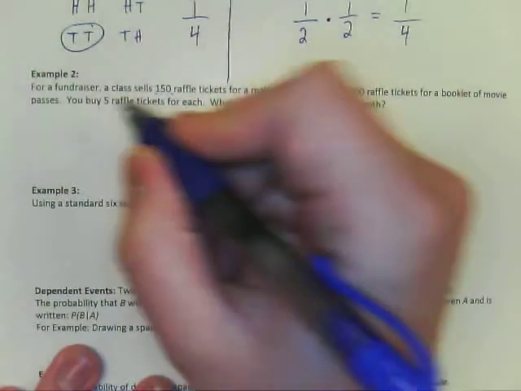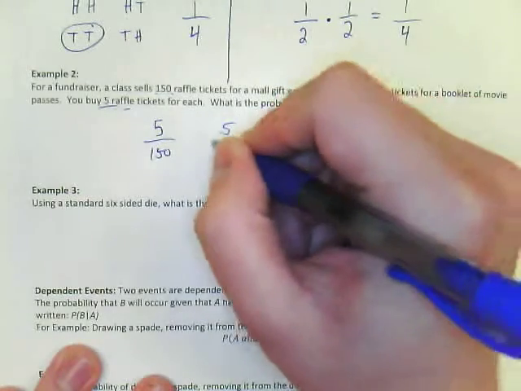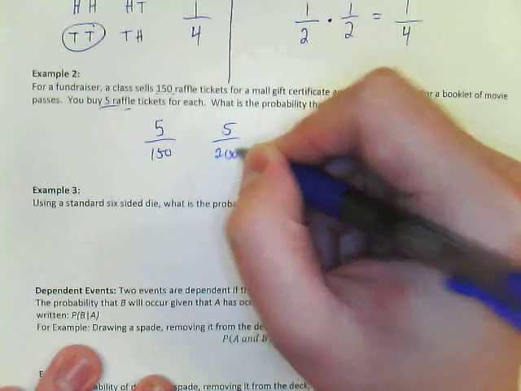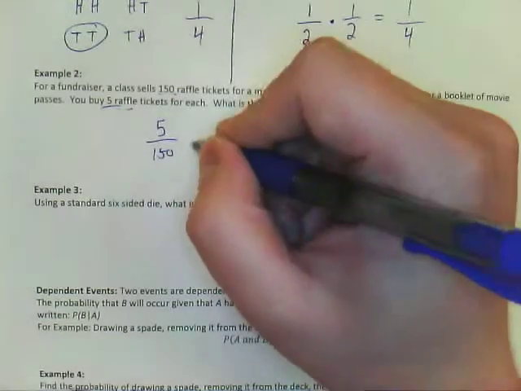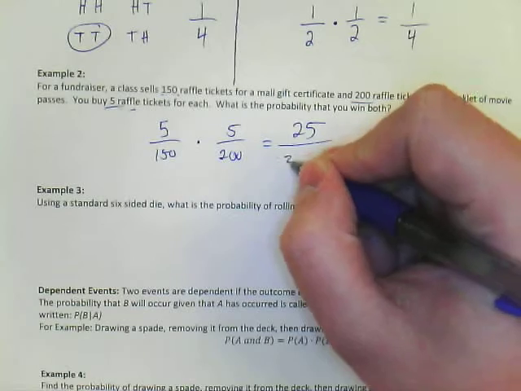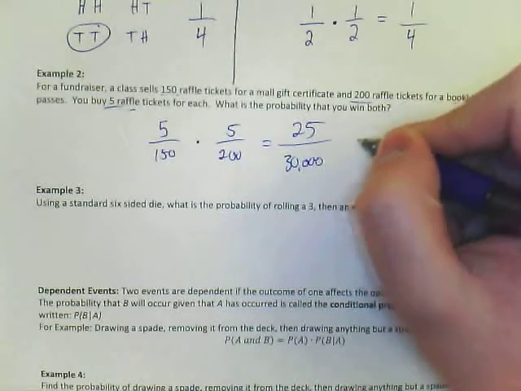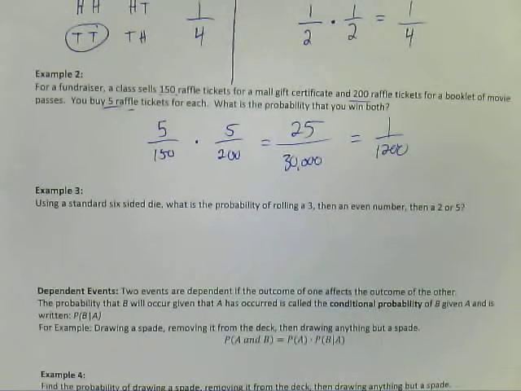For the second one, you again bought 5 tickets, but there are 200 for this one, so that's 5 out of 200. To get the probability of winning both, you multiply these together. So that's 25 out of 30,000, which is 1 out of 1,200.